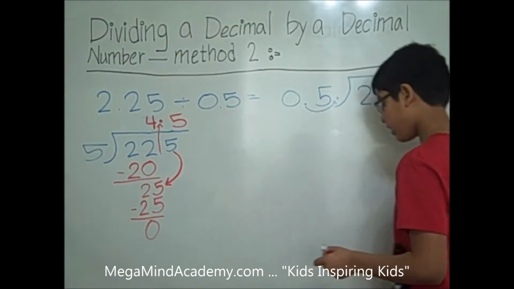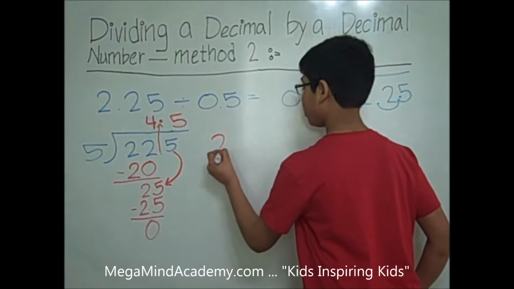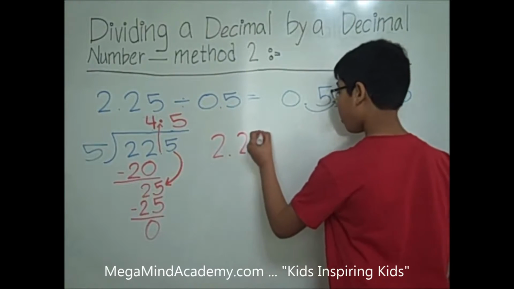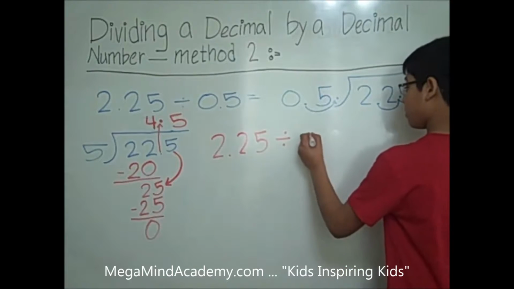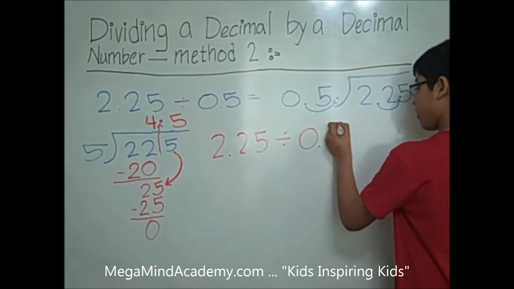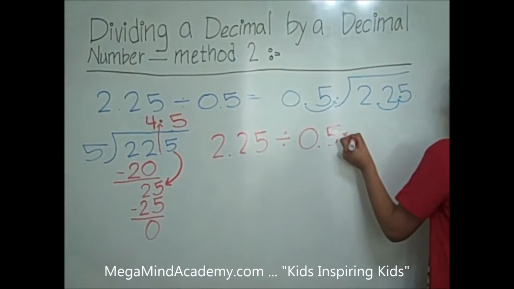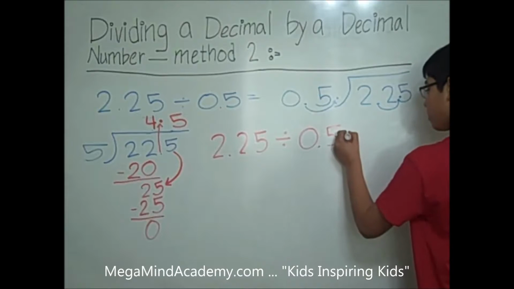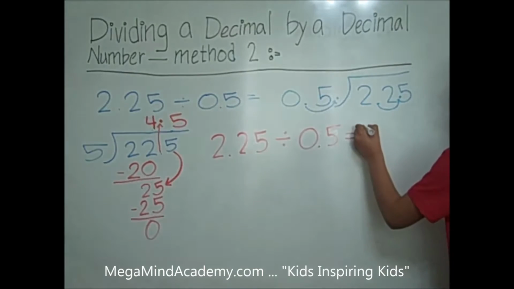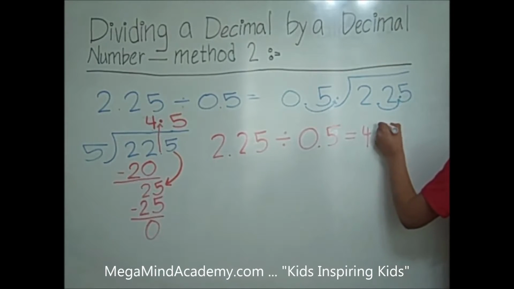So we figured out that 2.25 divided by 0.5 is equal to 4.5.